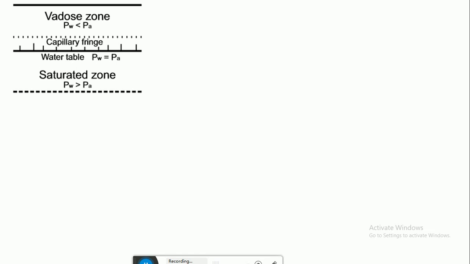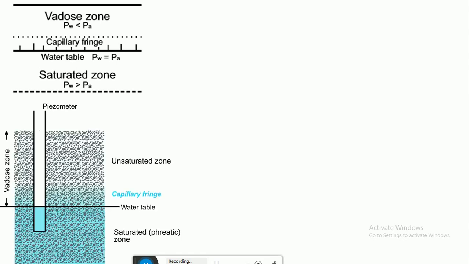Okay, next. This is the cross section of the subsurface water. You can clearly see the vadose zone, that is the unsaturated zone, a capillary fringe where capillary action has taken place, and the water table where the atmospheric pressure and groundwater pressure are equal. The saturated part is the phreatic zone, and the unsaturated part is called the zone of aeration.